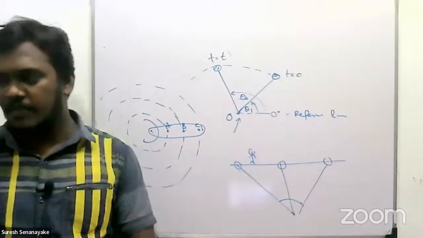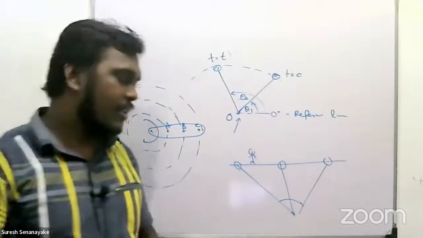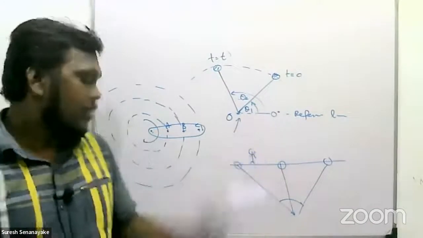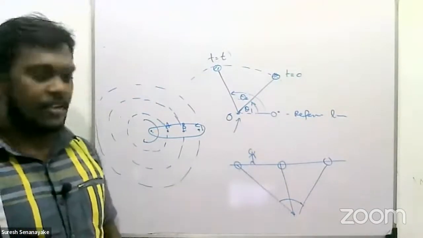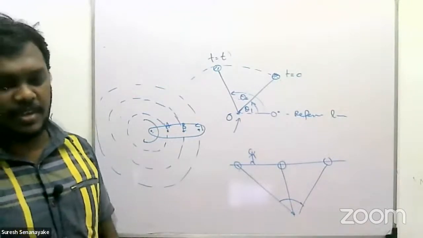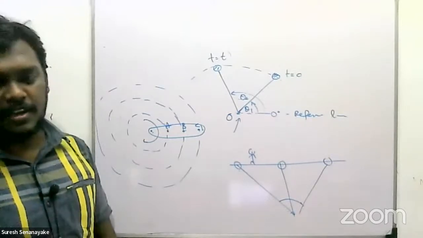So can you identify the difference? Rotation means the body moves about an axis, and all the particles are not traveling the same distance. They have the same angular displacement, but not the same linear distance is traveled.